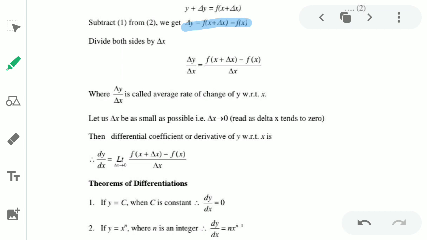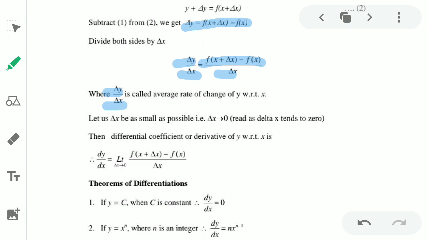Divide both sides by delta x. So we write delta y by delta x equal to f(x plus delta x) minus f(x), divided by delta x.